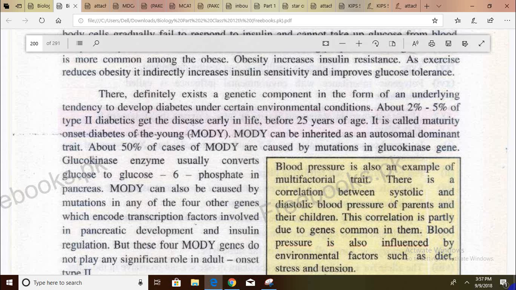and the rest 50% might be caused by some sort of a mutation. However, they don't really have any impact on a person, or they don't really have any significant part to play in adult onset type 2.